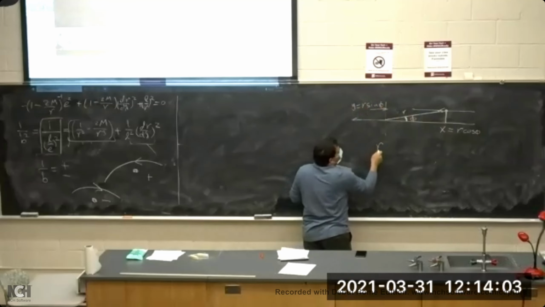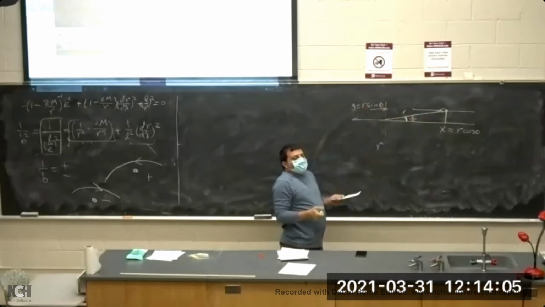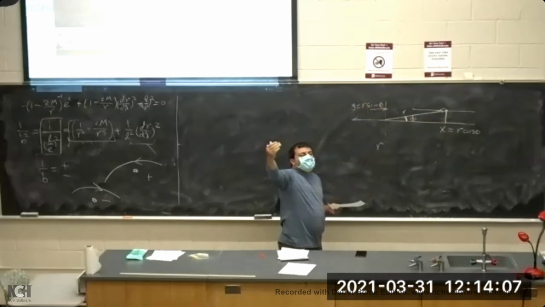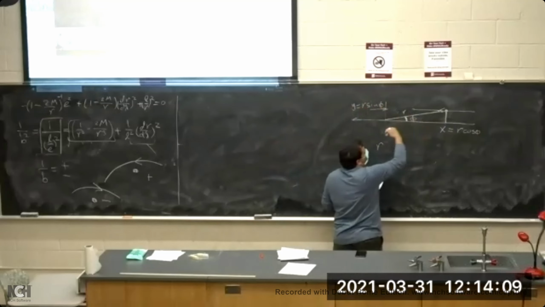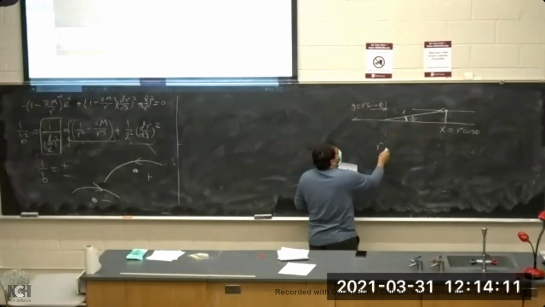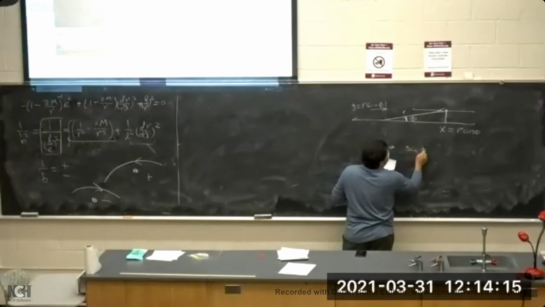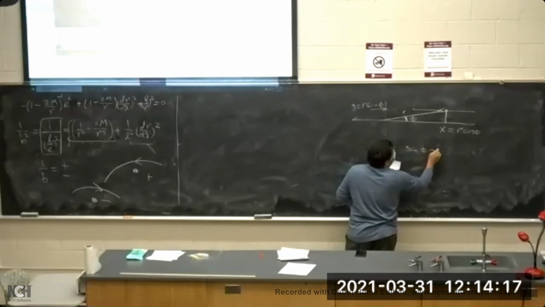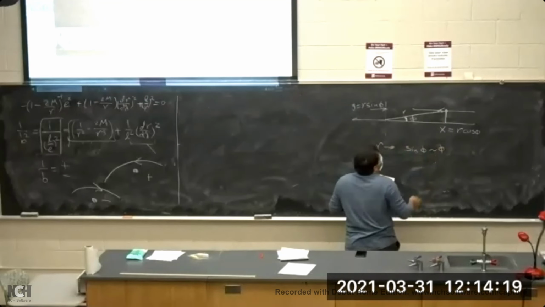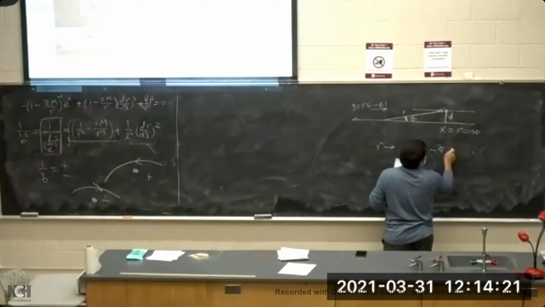For large R, where the ray is coming from infinity, so R is very big, sine phi is approximately equal to phi, which is equal to D over R.